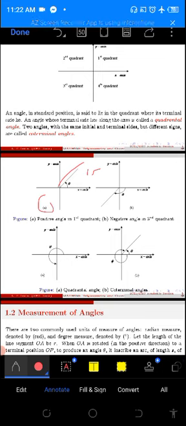So this angle is in the first quadrant because the terminal line is in the first quadrant. Look at also the second angle B. So the angle here is in anti-clockwise direction, but the terminal is in the third quadrant. So the angle is said to be in the third quadrant.